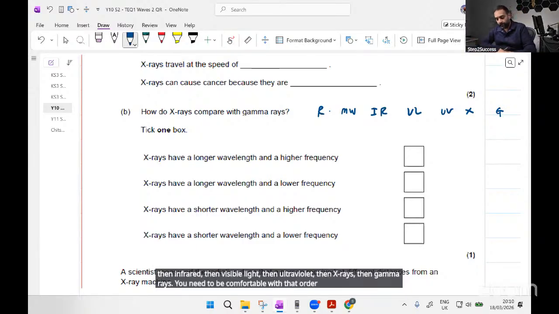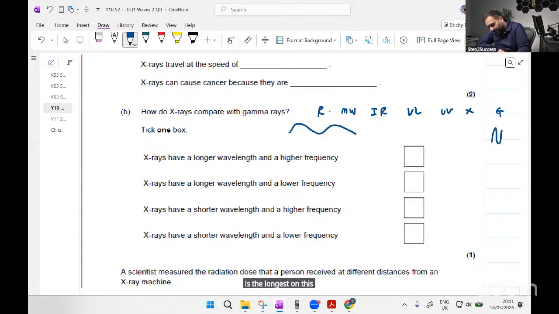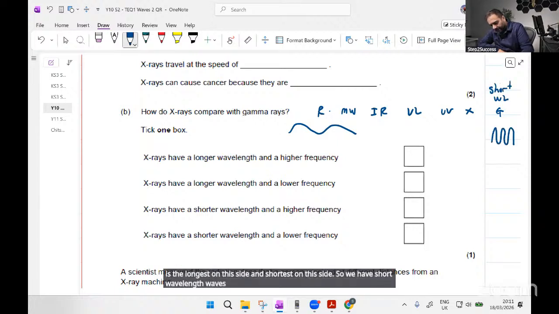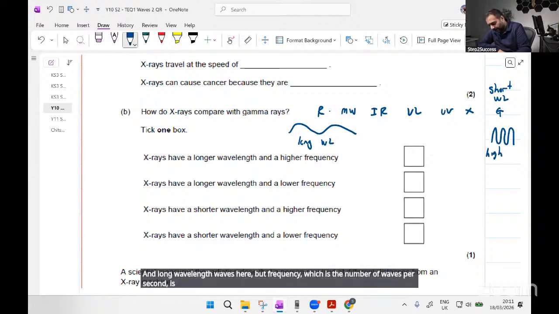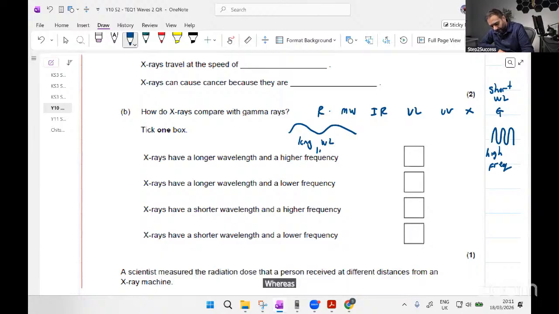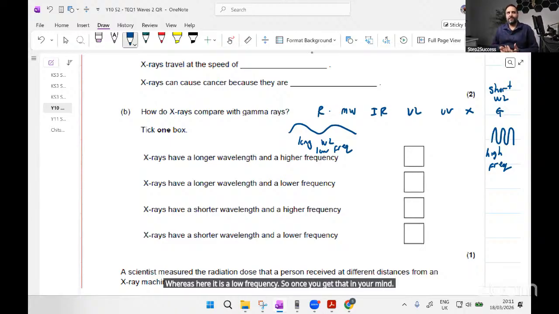You also need to be comfortable with the fact that the wavelength is the longest on this side and shortest on this side. So we have short wavelength waves here and long wavelength waves here, but frequency, which is the number of waves per second, is highest over here because they're so close together, whereas here it is a low frequency. So once you get that in your mind, then this kind of question becomes easy.